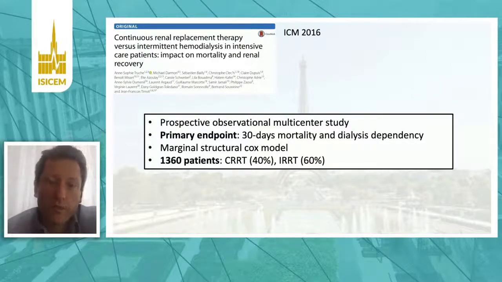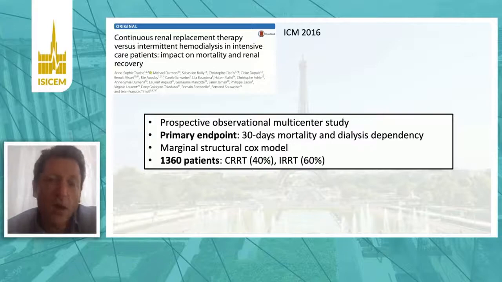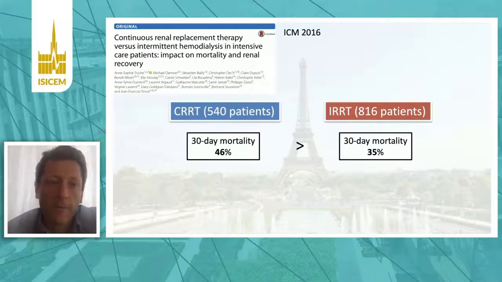This is a prospective observational multi-center study, and the primary outcome was 30-day mortality and dialysis dependency. This study includes 1,360 patients, 40% with continued renal replacement therapy and 60% with intermittent.